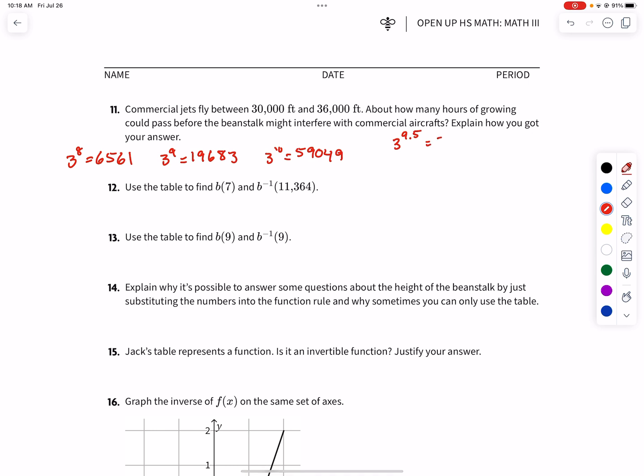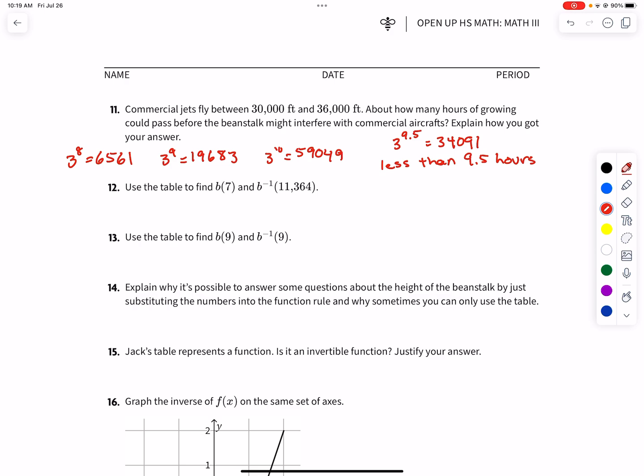That calculator says... So to get to 30,000 feet, it's less than 9.5 hours. To get an exact value for 30,000 feet, we're going to need the rest of the chapter, which is logarithms, a new kind of function.